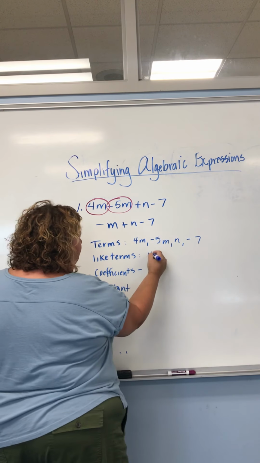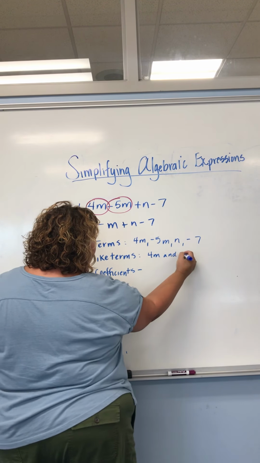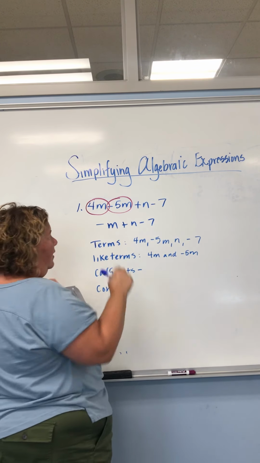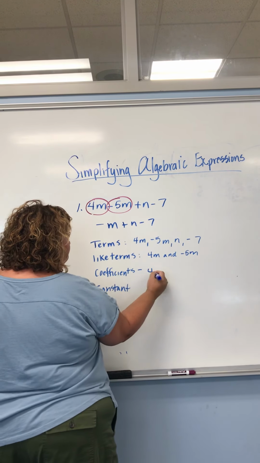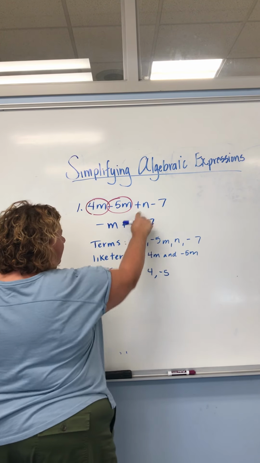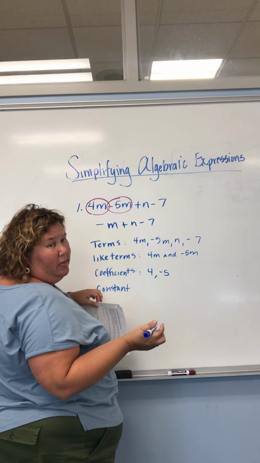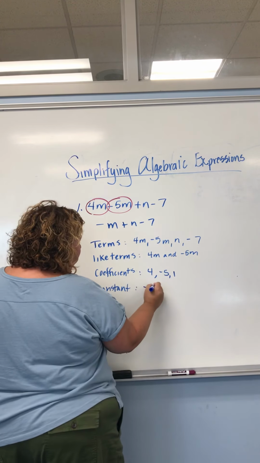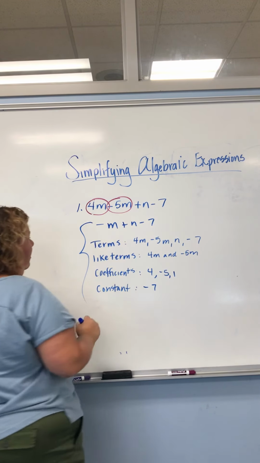Like terms are 4m and negative 5m. The coefficients are just the numbers before it. So I have 4, negative 5, and what's in front of that n? There's a 1 there. You can't see it, but it's there. Your constant is a negative 7. That's what they're looking for.